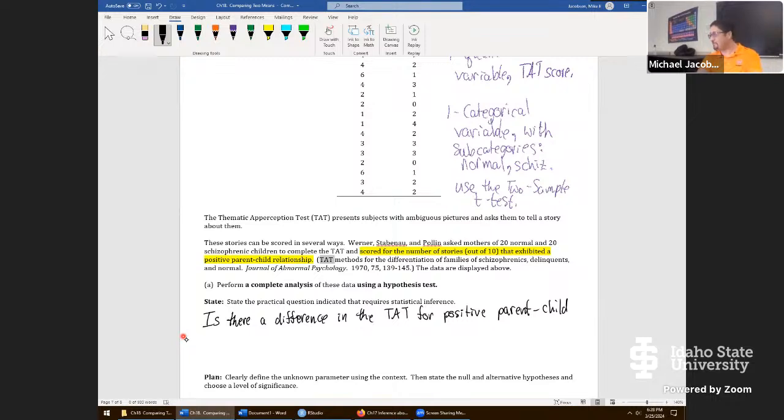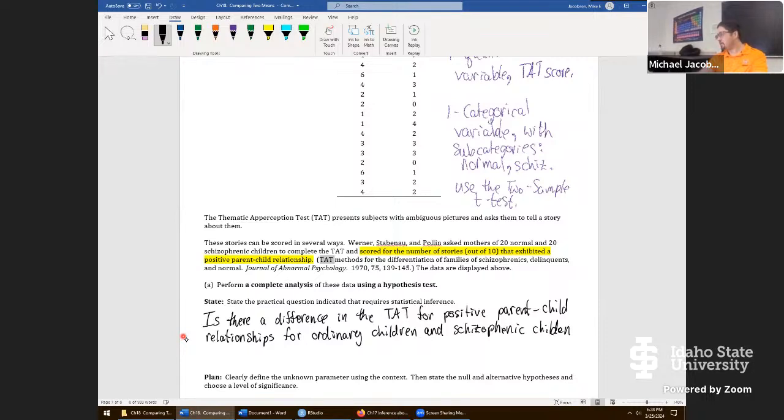That's always a mysterious statement. For ordinary children and schizophrenic children.